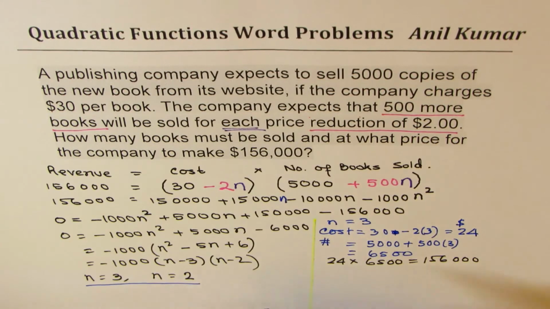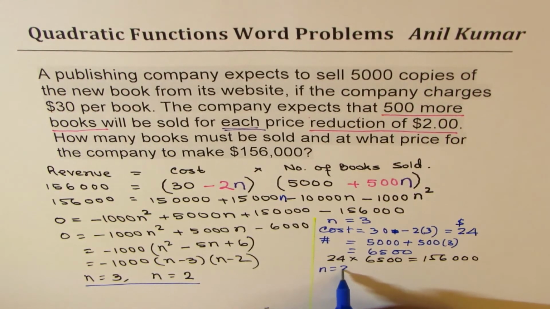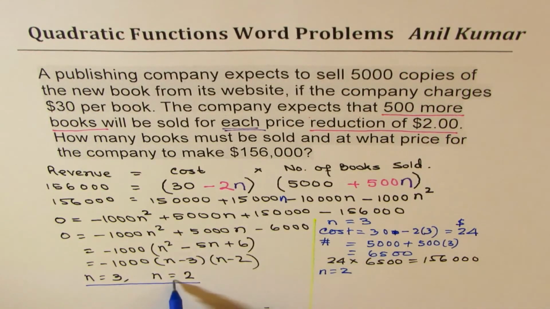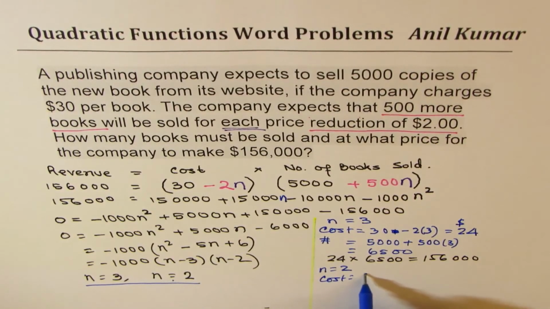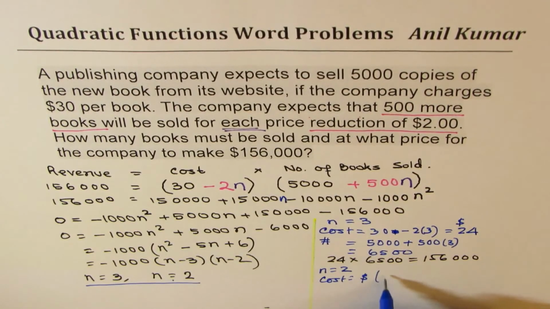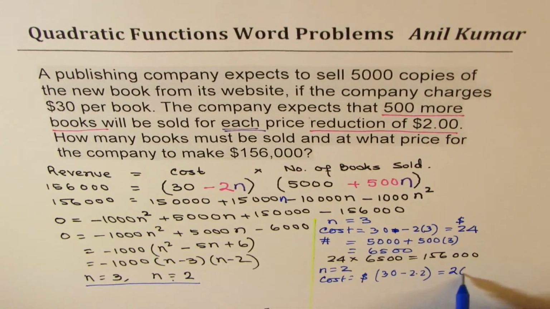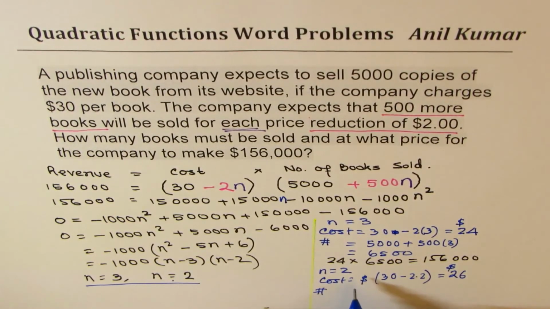Now if I write cost for n equals to 2, now let's recalculate for 2. So if n is 2, that's the second option, right? So we have cost as in dollars, 30 minus 2 times 2, which is 4. So it gives us $26. Is it okay? And the number of books sold will be how many?